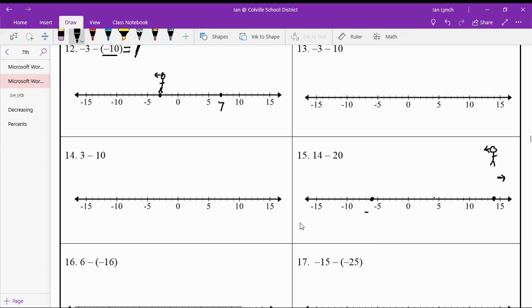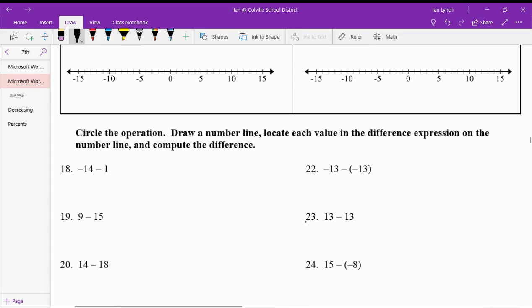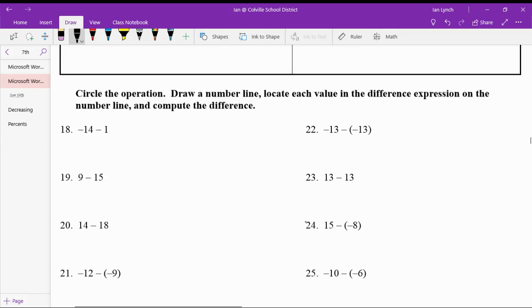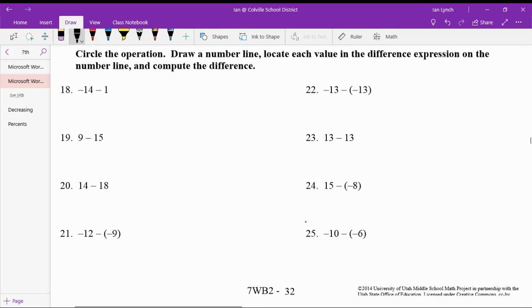And that gets us to negative 6. And as you guys can see, I counted by 5s there. I moved to here, then I moved here, here, and then there. So guys, try the rest of these problems, okay? And I'll do some of these with you guys. Draw the number line, locate each value, write the difference.